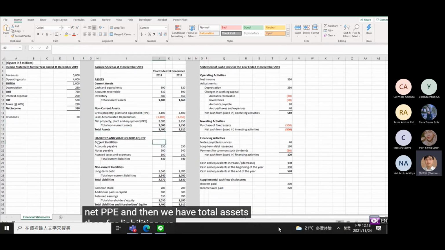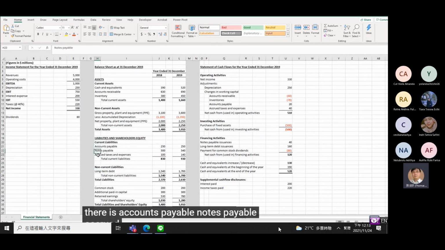Then for liabilities, we have current and non-current liabilities. Under current liabilities, there is accounts payable, notes payable, accrued taxes and expenses. And under non-current liabilities, I have long-term debt. And under equity, we have common stock, additional paid-in capital, and retained earnings. And lastly, just to check that the total assets equal total liabilities and shareholders' equity.